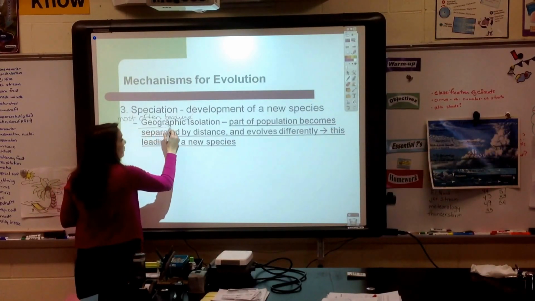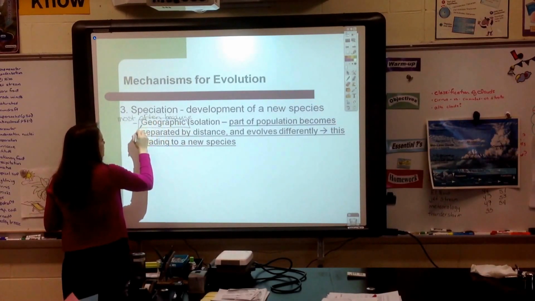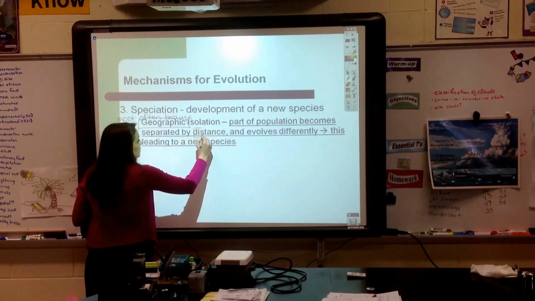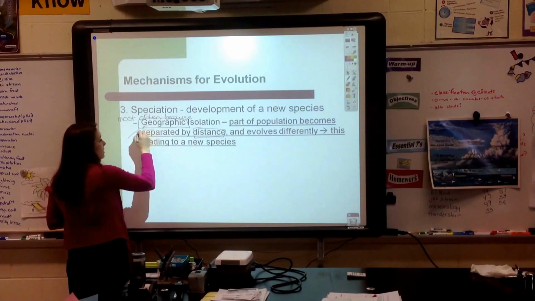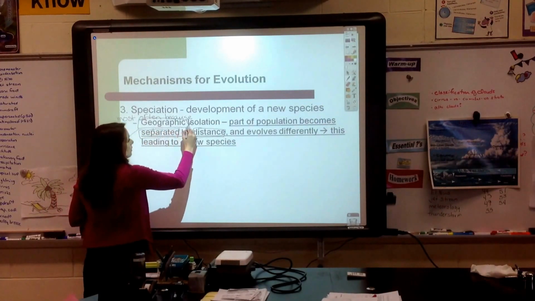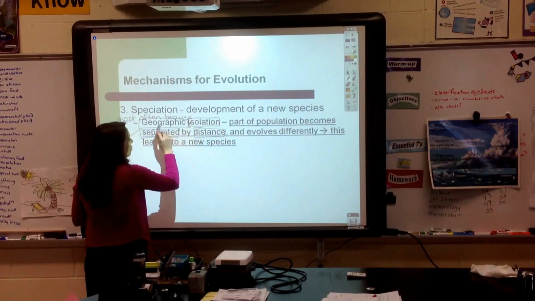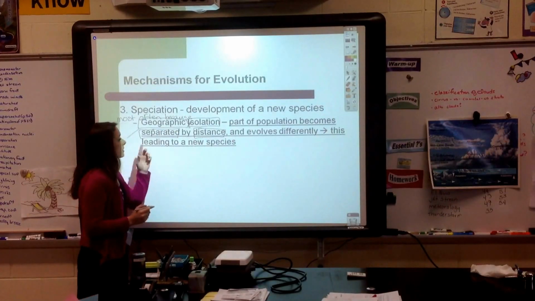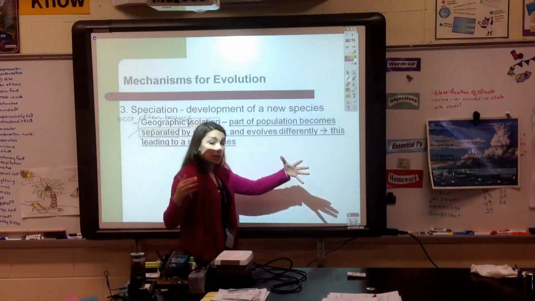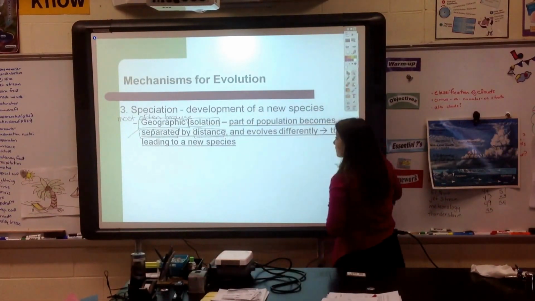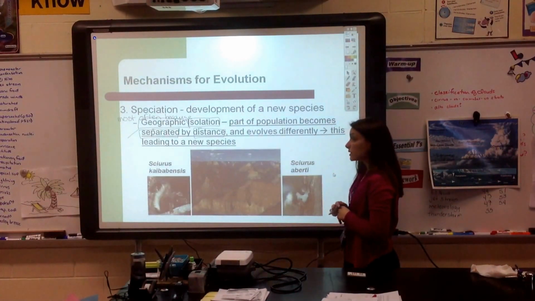So geography has to do with distance, and isolation means to be separated. So geographic or distance, isolation or separated. So if we divide the population, they might evolve differently, leading to a new species.